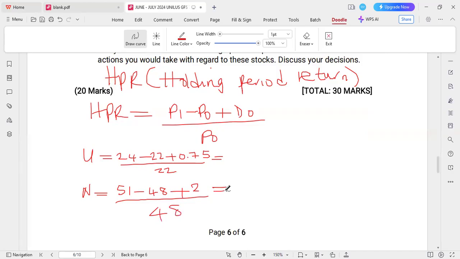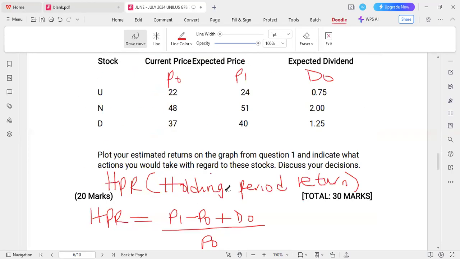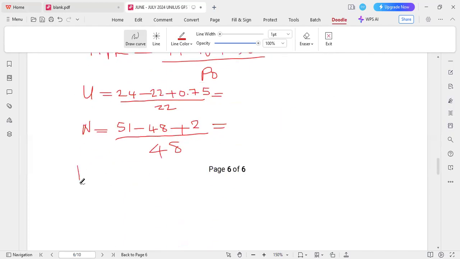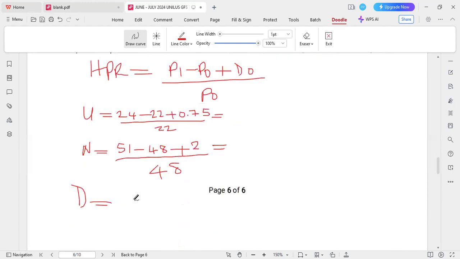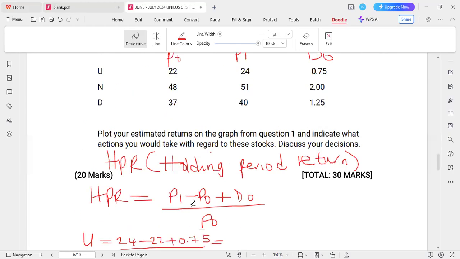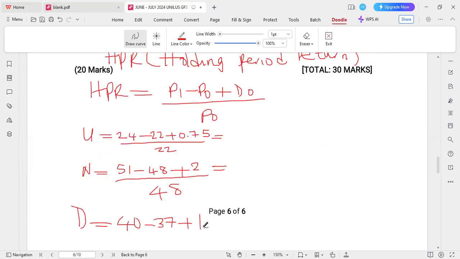We can find the holding period return for each of the stocks we are talking about. And then for the last, we are looking at 40 minus 37 plus the dividend 1.25, then over 37.